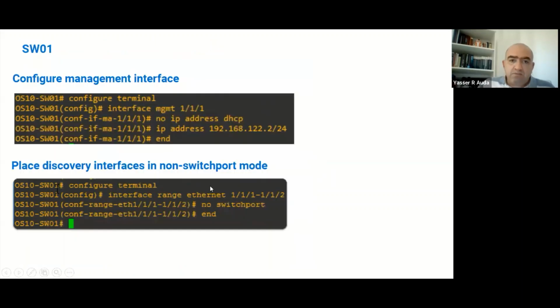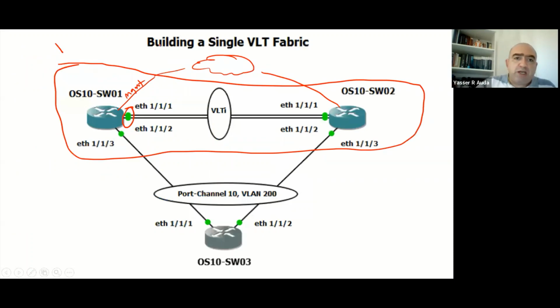Remember that here we said my management interface is 192.168.122.2, so I have this IP address here, and the other one has the same subnet, but the last octet will be 3. So they should have a connection between them, and they can ping each other.